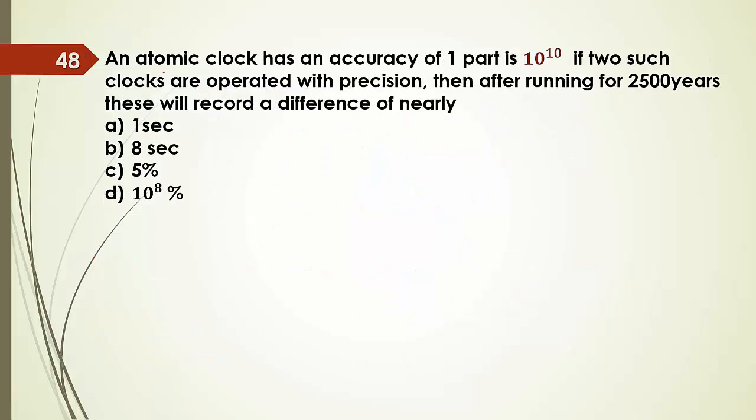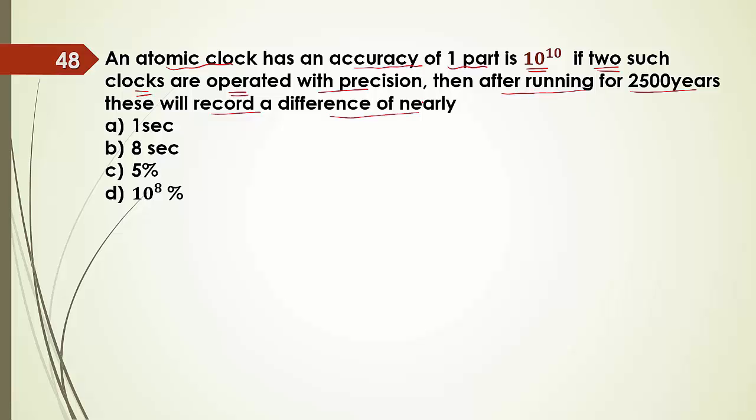48th question. An atomic clock has an accuracy of 1 part in 10 raised to 10.